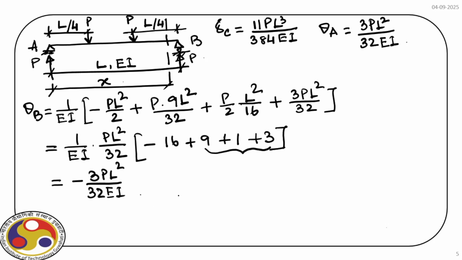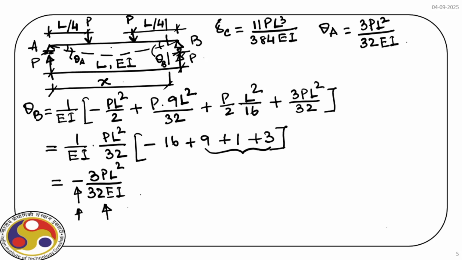So you can see the value of theta A and theta B, they are equal, but the direction is opposite, because if we draw the deflected profile, you can see that for theta A we have this way. So the value of theta A is here, but for theta B the value is same, but the direction is opposite, and that's the reason we have a negative sign here.